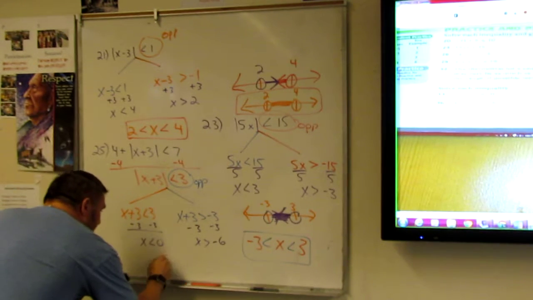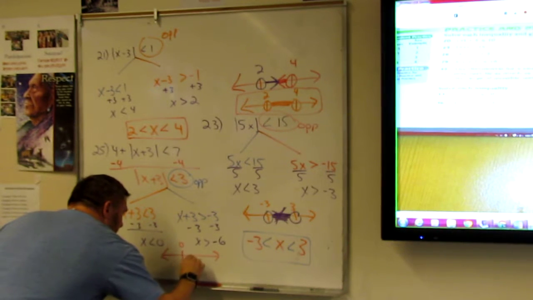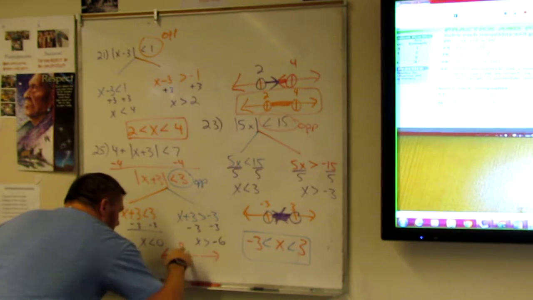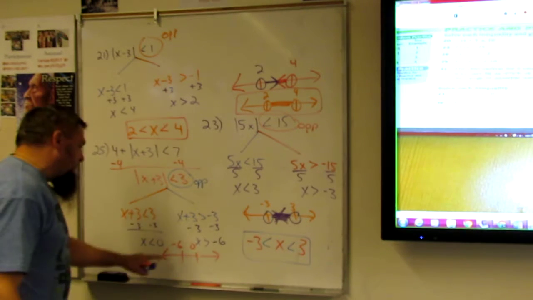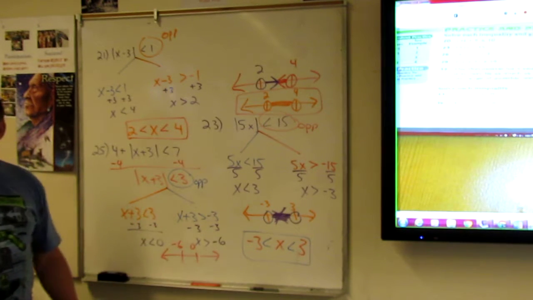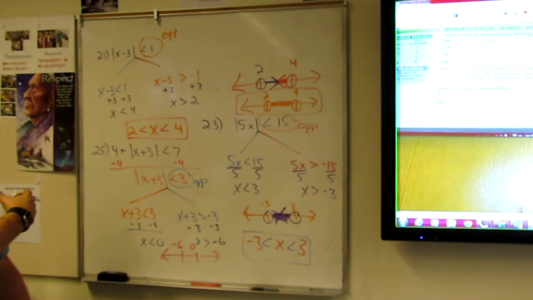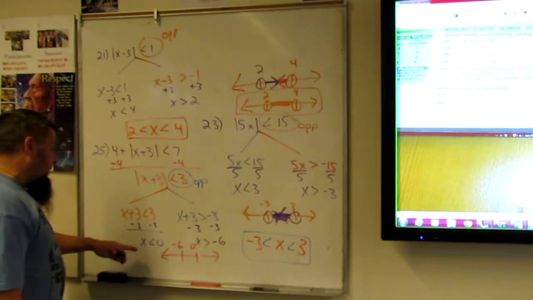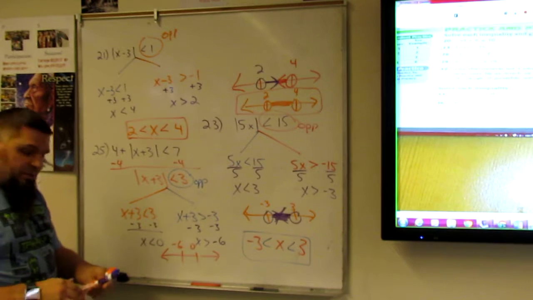I can make this graph by putting the two numbers in: negative 6 and 0. Why did I put the negative 6 over here instead of over there? Because it's less than 0. I always have to put the lower number on that side. Now the cool part is my x's are on the left, so they're telling me exactly where they're going.